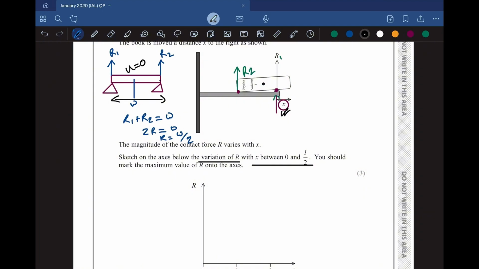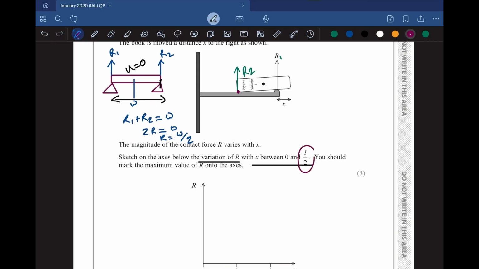Because the pivot is at the edge. If the pivot was right here, then this position would have been the value of x, right? But if this pivot is right here, then this would never have any x values, right? So basically now it has a value of x because it has the pivot at the edge.